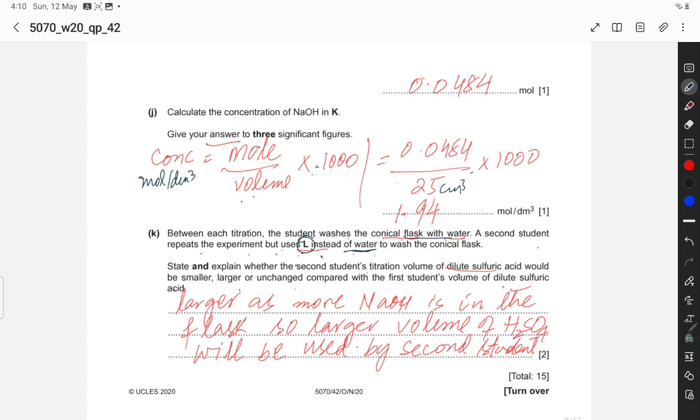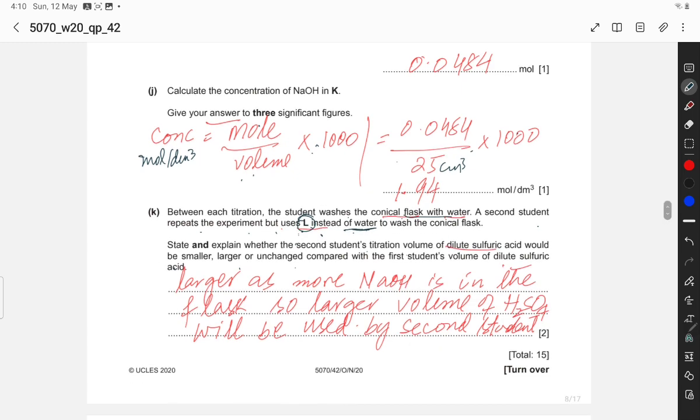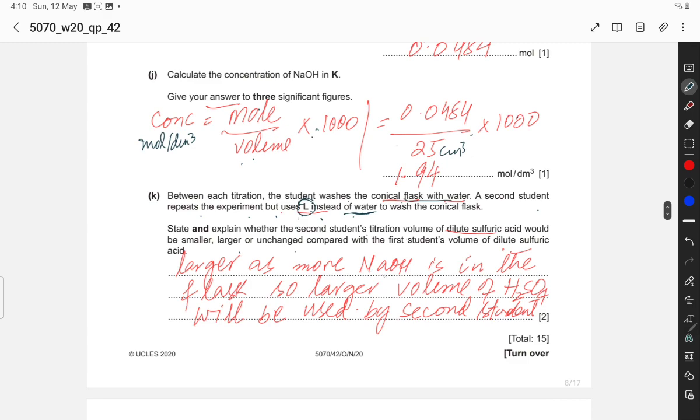The volume is larger as more sodium hydroxide is in the flask, because if we wash the flask with L instead of water, there will be more sodium hydroxide in the flask, so a larger volume of H2SO4 will be used by the second student. So this is the question.